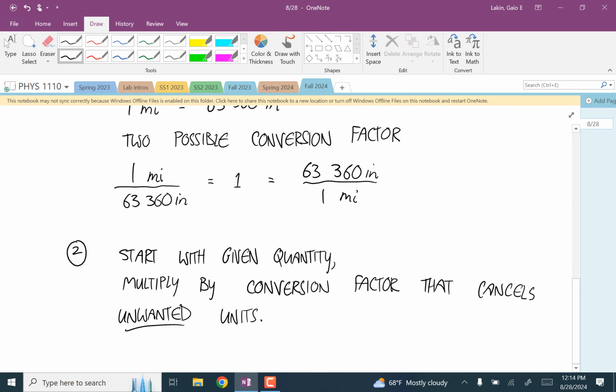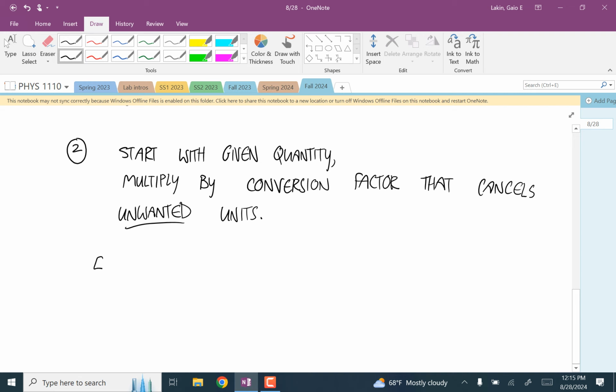Okay, so let's do this as just an example problem. And let's say that we want to know how many inches there are in 5 miles. Or another way you could say that is convert 5 miles to inches.